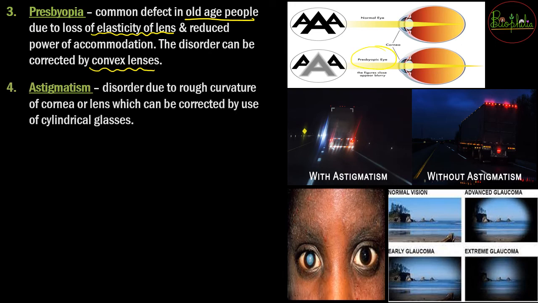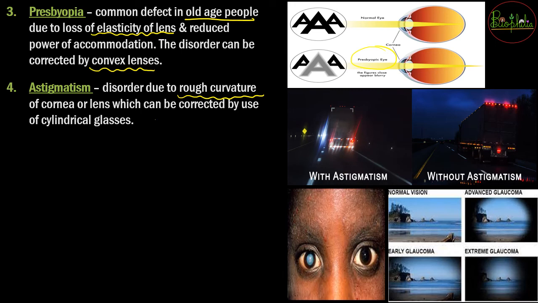The next is astigmatism, wherein because of the rough curvature of the cornea, because of some problem in the lens, the person cannot see a clear image, it will be a smudged image.